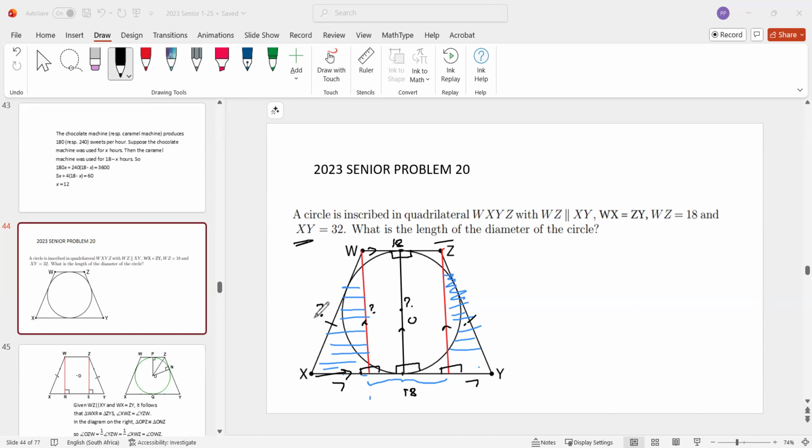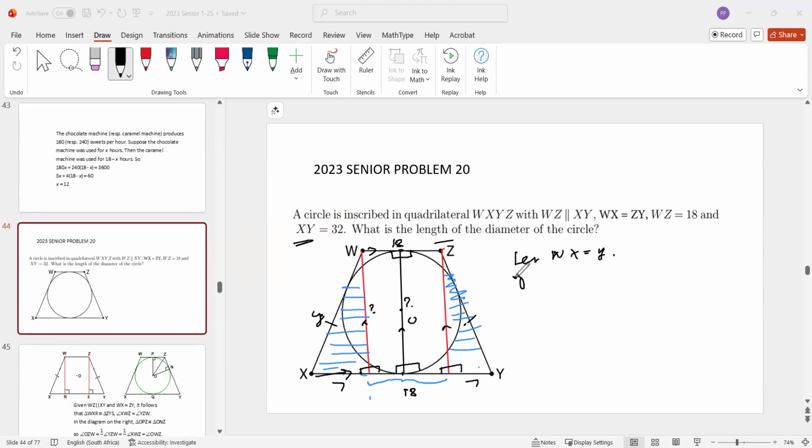Let WX be equal to y. Then if I know that, I can use Pythagoras to actually calculate your diameter.